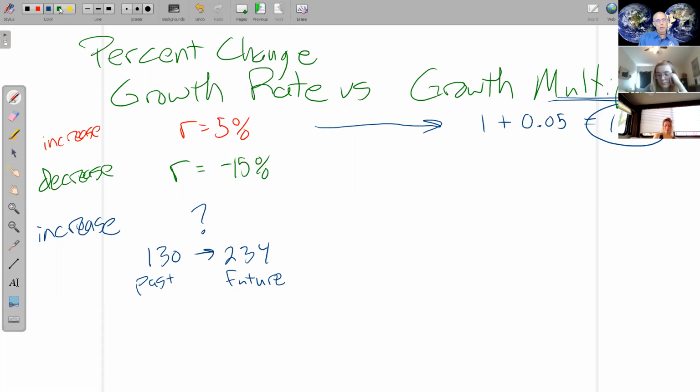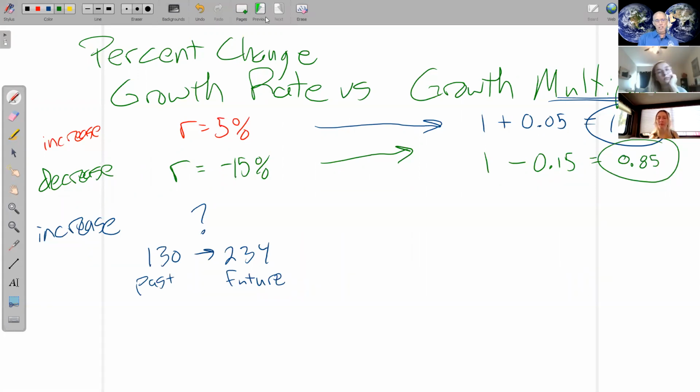The multiplier for that one is kind of like the one above, but I have a minus. So that would be 1 minus 15% as a decimal. And so if I lose 15%, I keep 85%. So 0.85 is my multiplier in the formula.